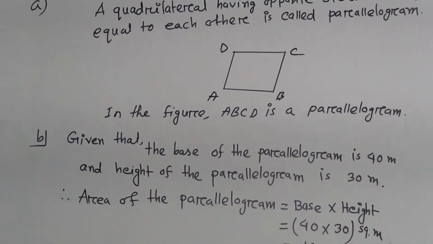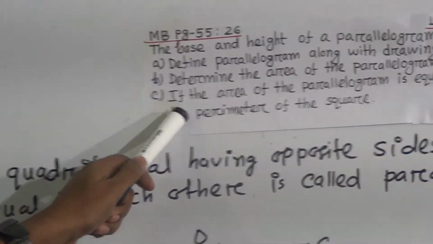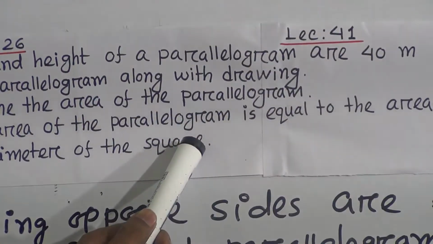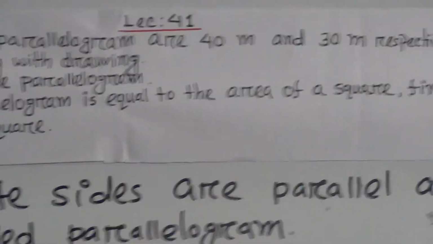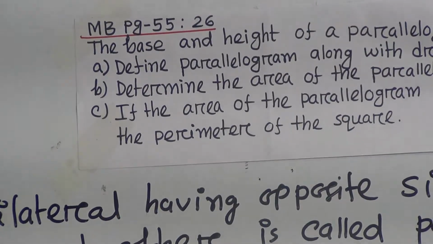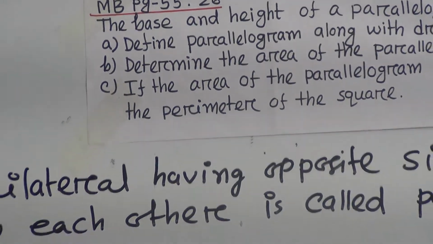Now we see question number C. If the area of the parallelogram is equal to the area of the square, that means the area of the square is equal to the area of the parallelogram.